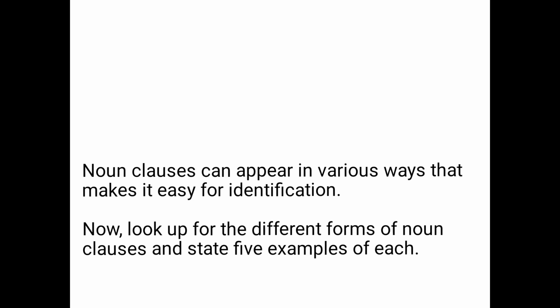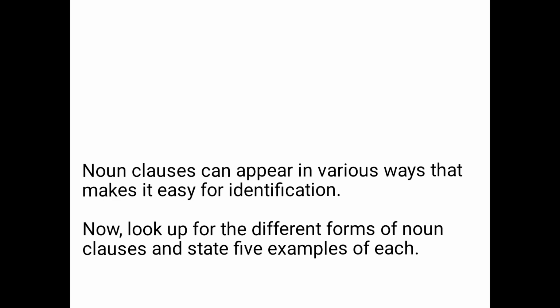What shows you that this is a noun clause? This is how a noun clause appears in a sentence. It is there in the examples. So look out for them and then write them out for me. They're about 5, but I want you to give me 4 of them. And for each of the forms, you're going to write 5 examples.